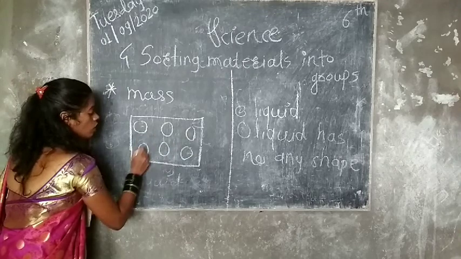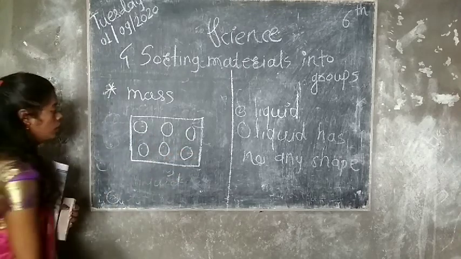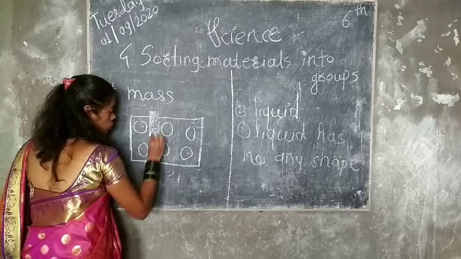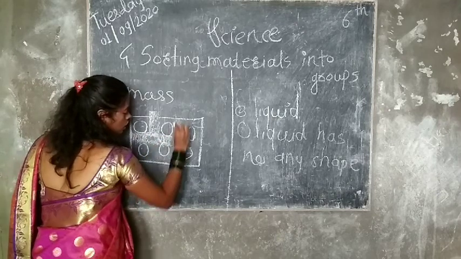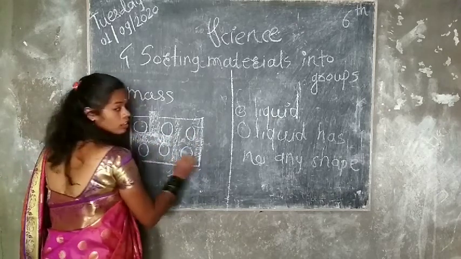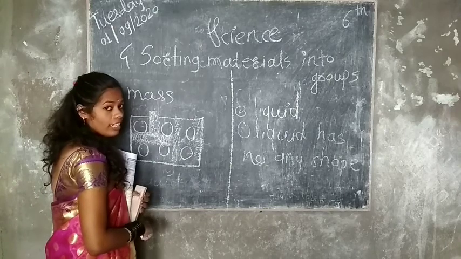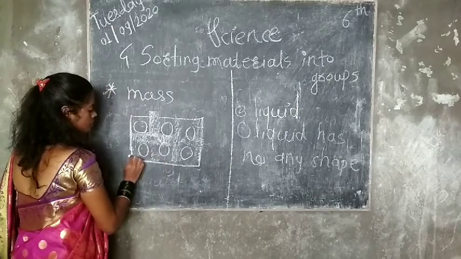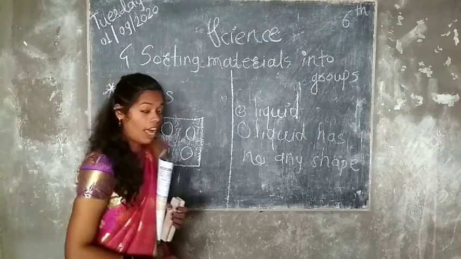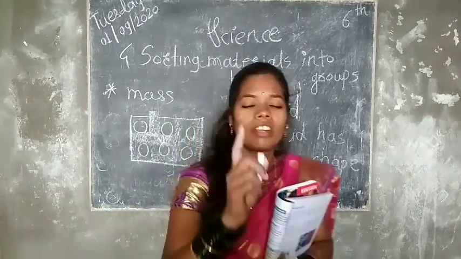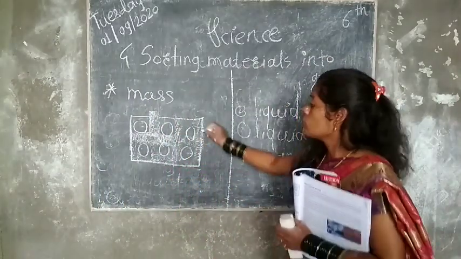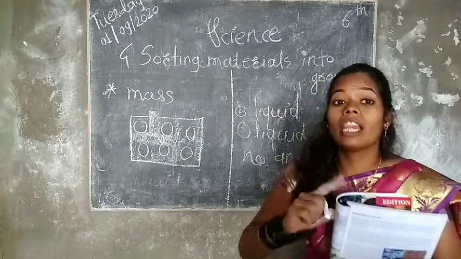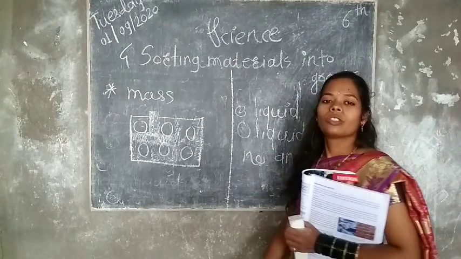These are the molecules of water. The space between these two is quite larger than solid. Is that clear to you? See, that's why the force of attraction between these molecules is also less than solid.